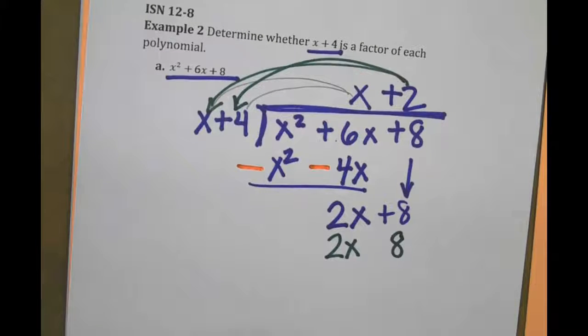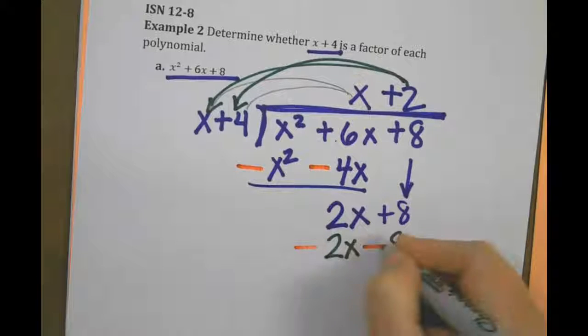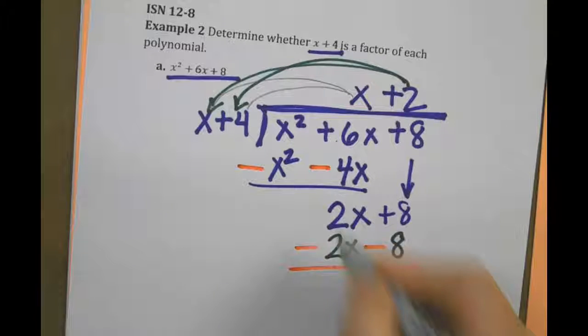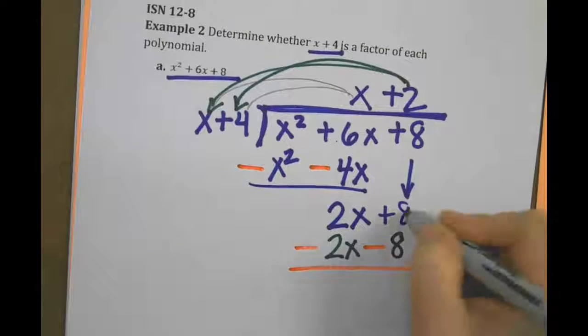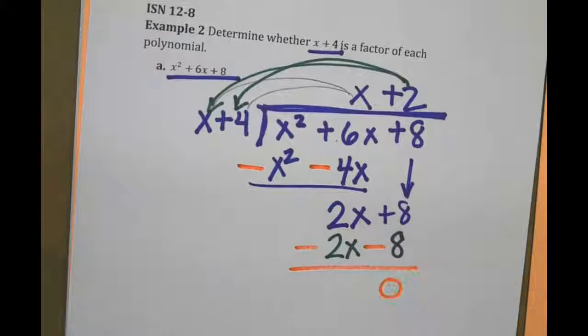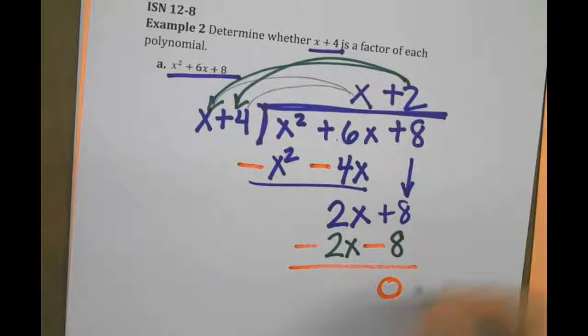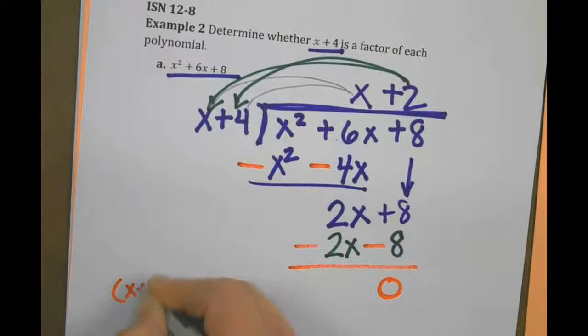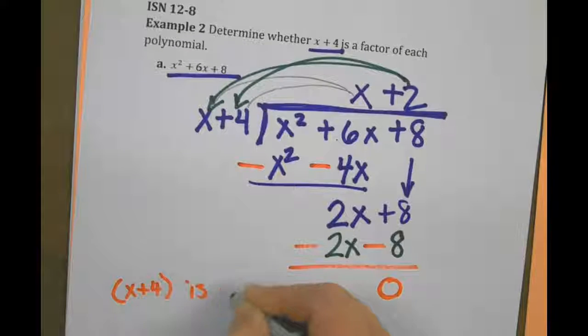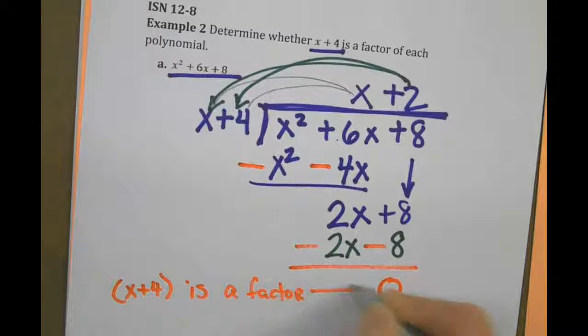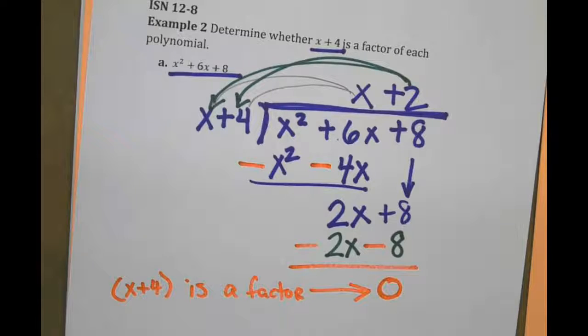And then I need to subtract. 2 subtract 2 cancels out. 8 subtract 8 is 0. The original question was determine if x plus 4 is a factor. If the answer is a 0, x plus 4 is a factor, because the answer on my division problem was a 0.